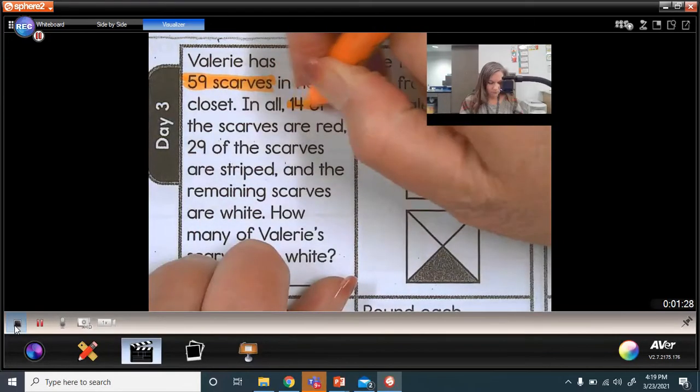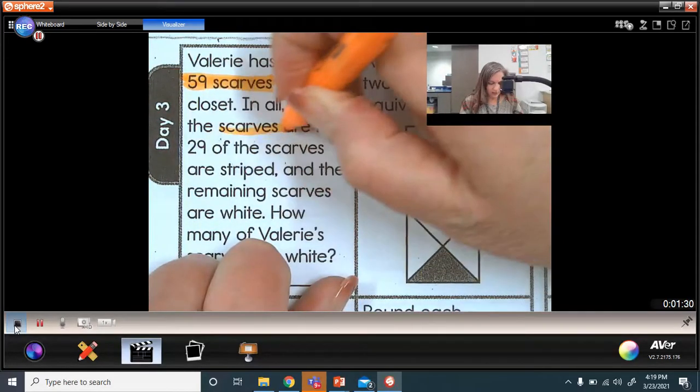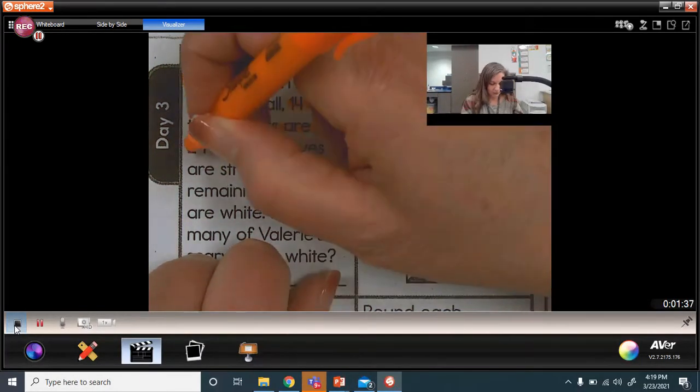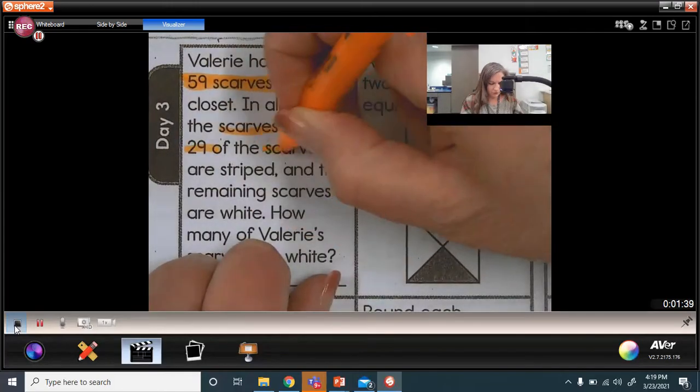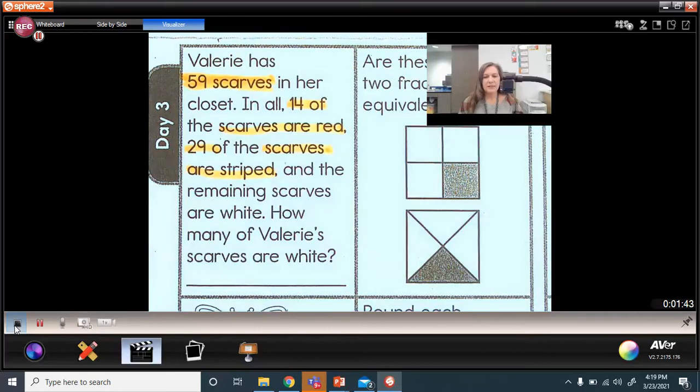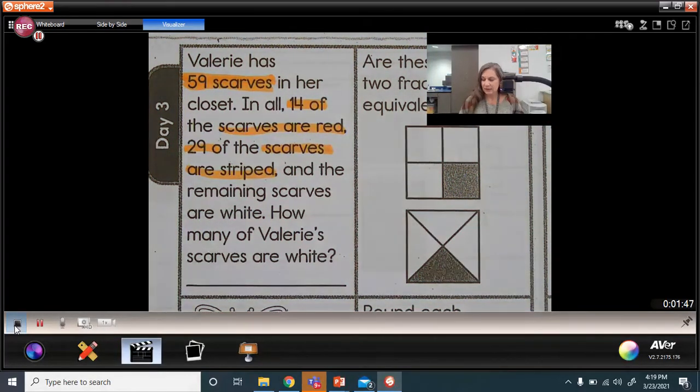So, 14 scarves are red. And also I know that 29 of the scarves are striped. 29 scarves are striped.